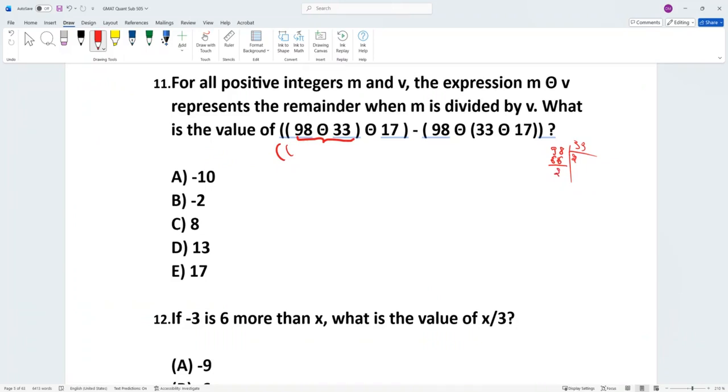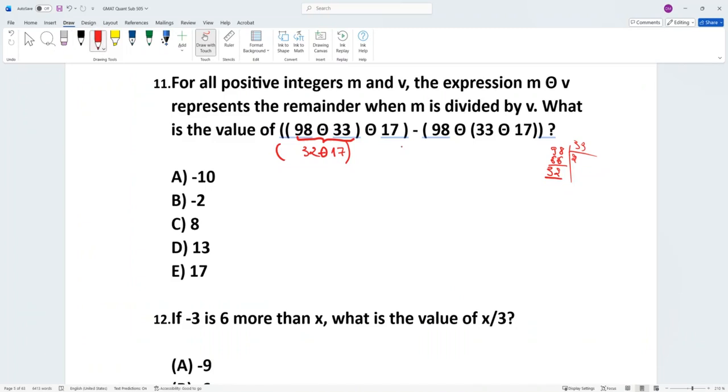So we have 32. So this is the remainder. So this will just be 32 here, and we have this 17. So we will come back to it later on.